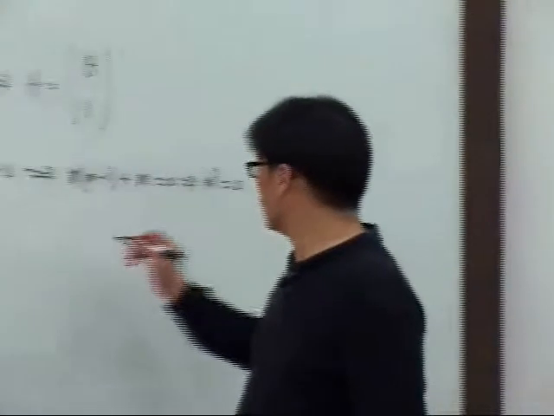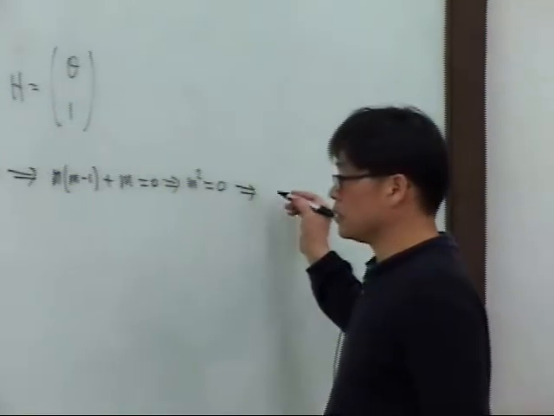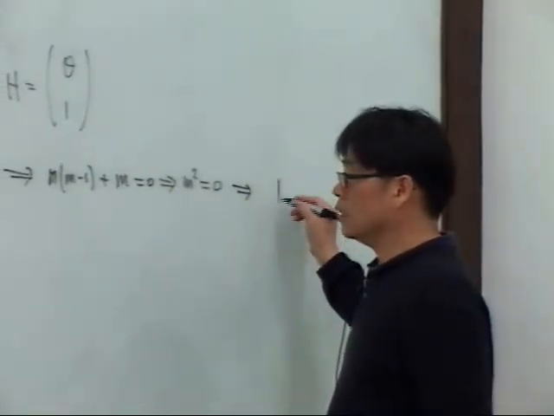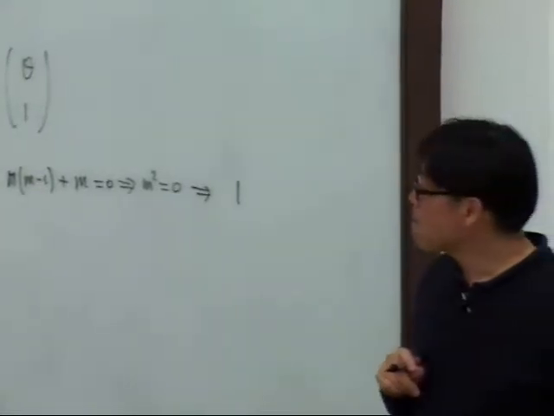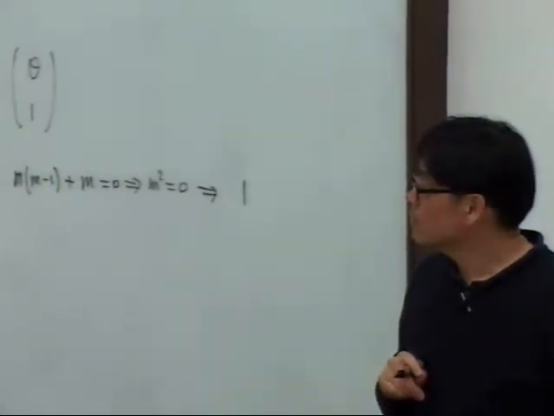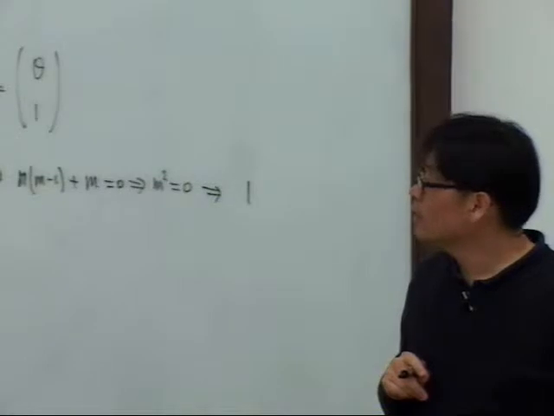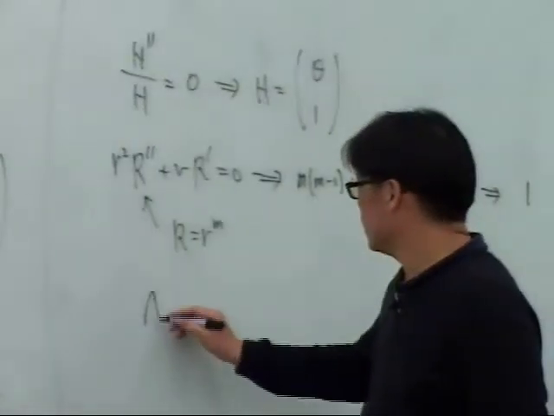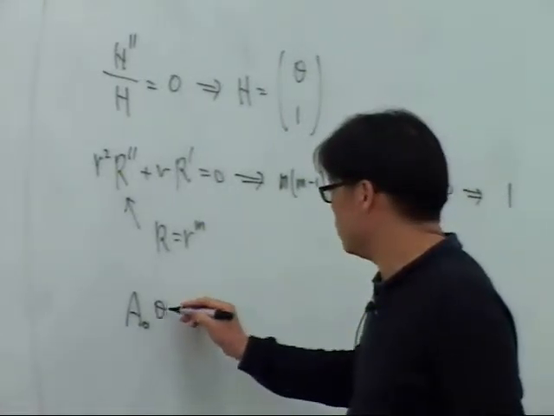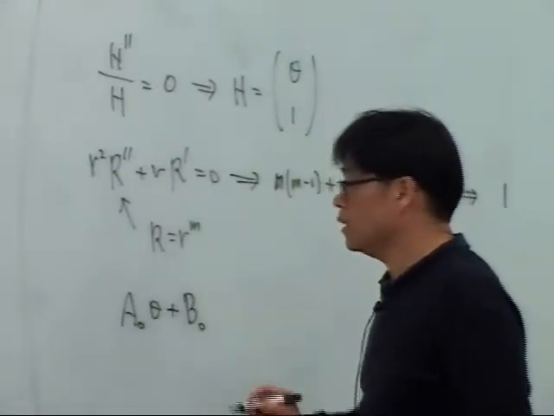So and then this gives the constant, right? Okay, so in this way, I will end up with A0 theta plus B naught.